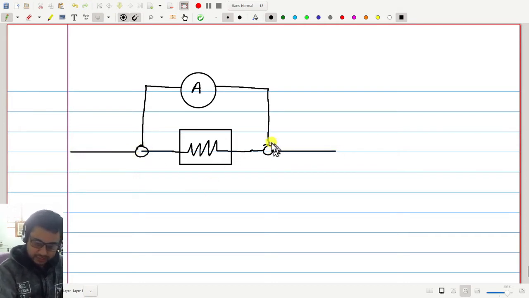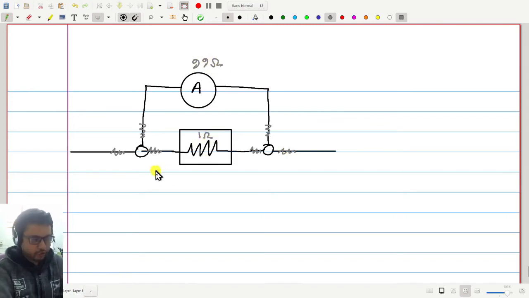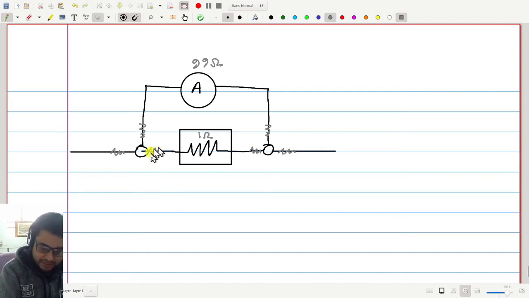Now these junctions can again contribute small resistances here, here, everywhere. Suppose this is now 99 ohm, this is 1 ohm. Just for an example, to illustrate the idea, let me assume that these small resistances are all 0.5 ohm, for simplicity.